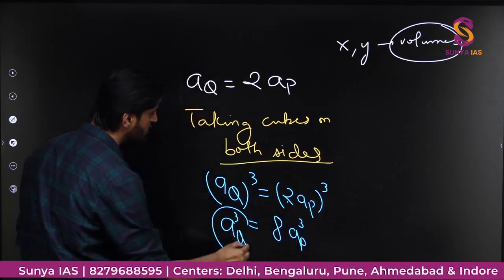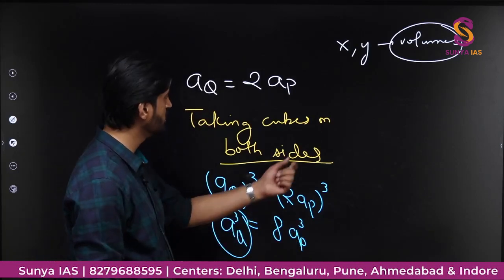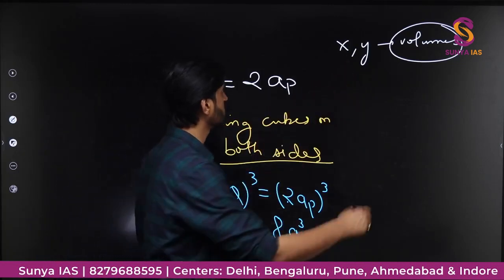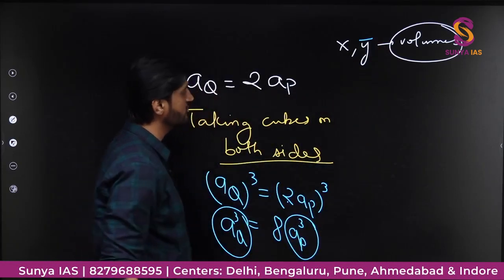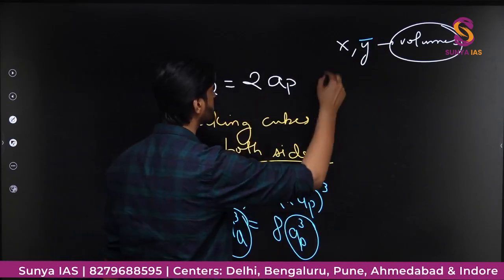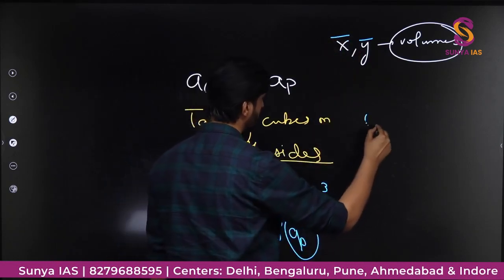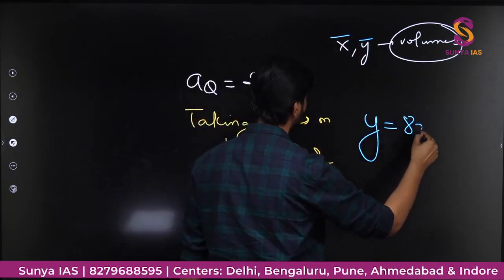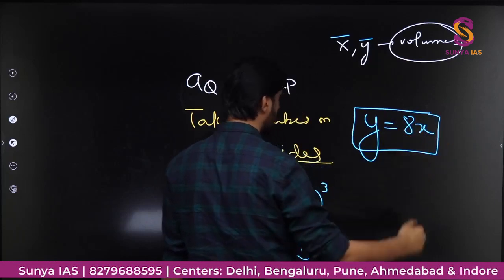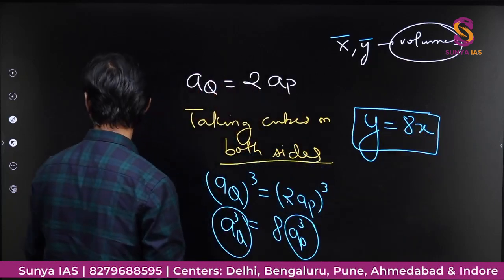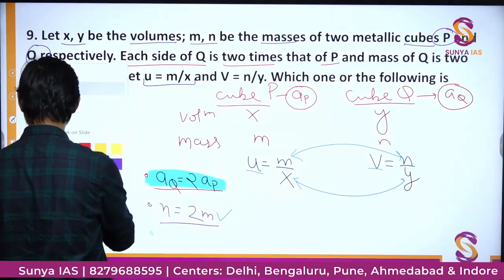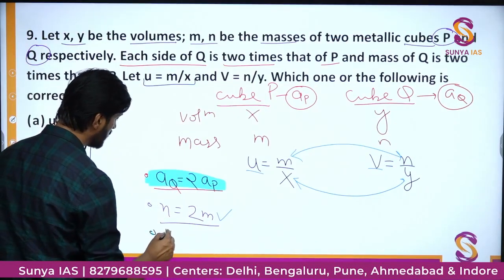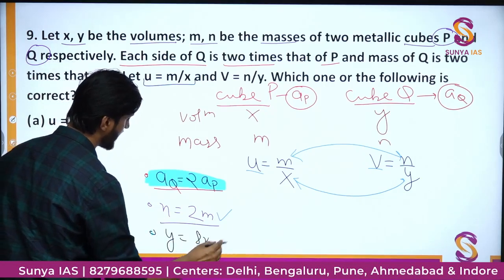We know that AQ cube is nothing but volume of cube Q, and that value is nothing but Y. Okay. And AP cube is nothing but volume of cube P, and that value is nothing but X. So we have the relation that Y is equal to 8 times X. And now we are going to use this particular relation in our question now. So we have one more relation, and the relation comes out to be Y is equal to 8X.